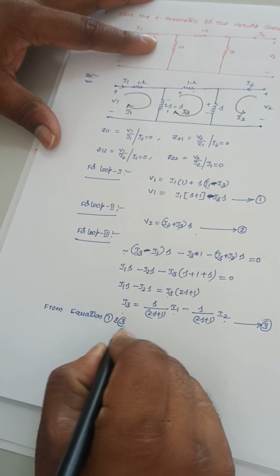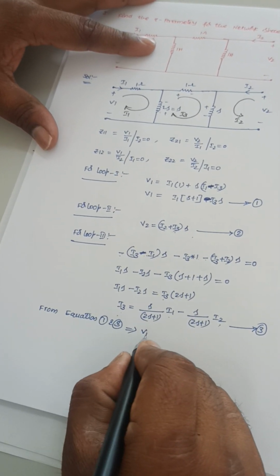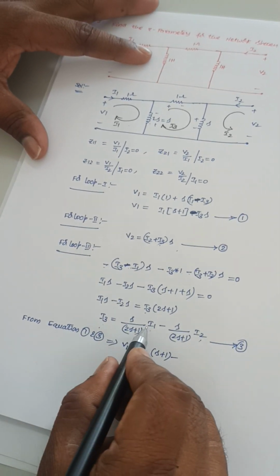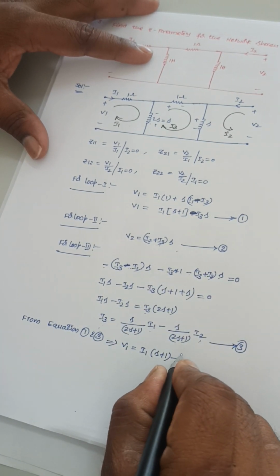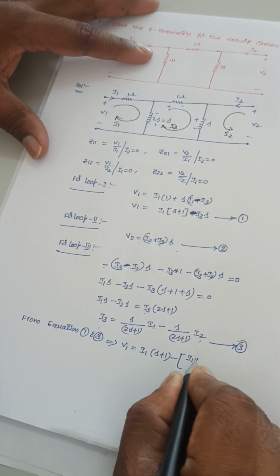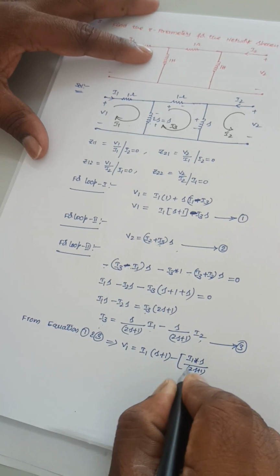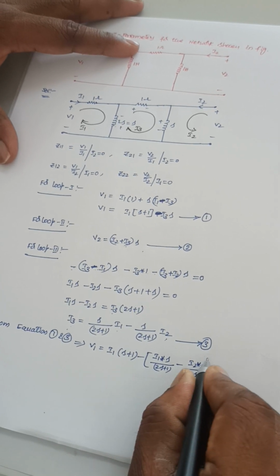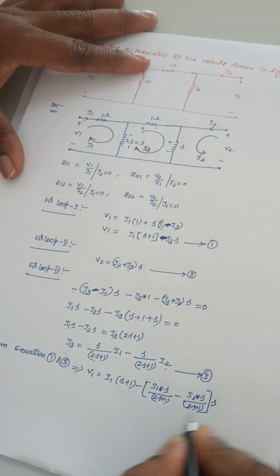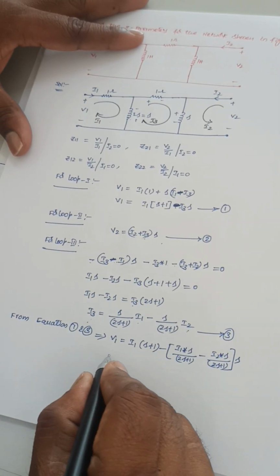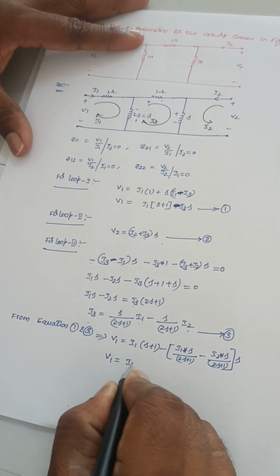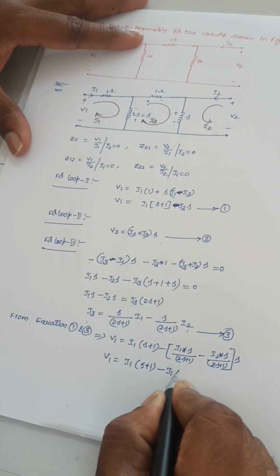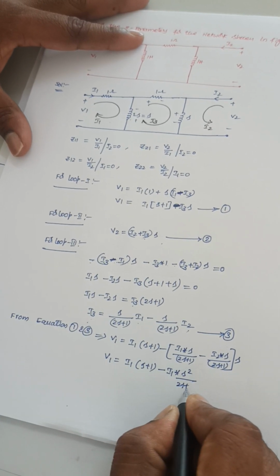From equations 1 and 3, what I can write here is V1 is equal to I1 into S plus 1 minus, in place of I3 if I substitute this value, I1 into S divided by 2S plus 1 minus I2 into S divided by 2S plus 1, into this S here. So now V1 is equal to I1 into S plus 1 minus I1 into S square divided by 2S plus 1.